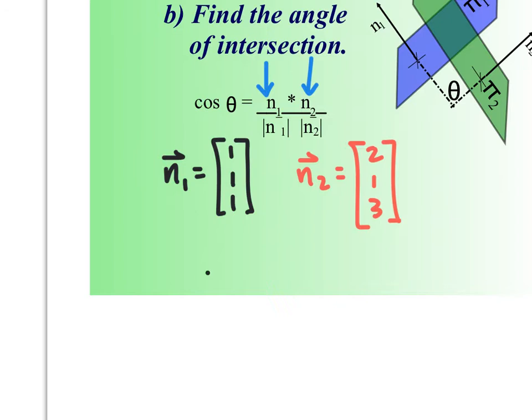The numerator of this formula would be the dot product of those, which would be 2 plus 1 plus 3, which is 6. The magnitude of vector normal 1 is going to be square root of 3. The magnitude of normal 2 is 4 plus 1 is 5, plus 9 is 14.